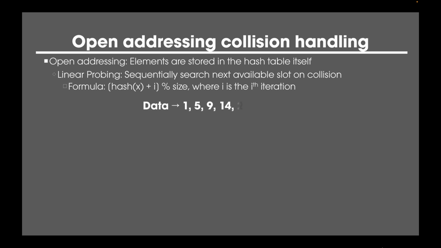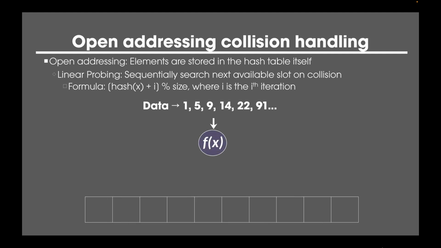Let us consider the data and try to insert in the hash set using the hash method. After a collision happened, the function calculates the next slot, which is nothing but the position next to the collision. This process continues until an empty slot is found.